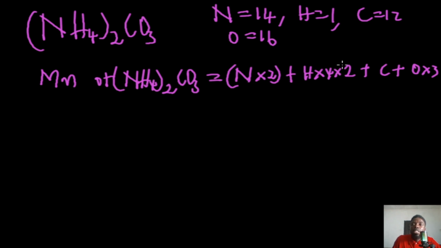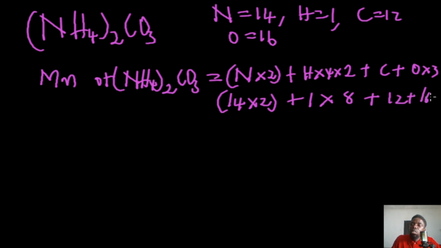With all this said, let's put in their values. So you have 14 multiplied by 2, plus 1 multiplied by 4 by 2, that's going to be 8, plus carbon, which is 12, and then 16 times 3. So if we do this, this is going to be 28 plus 8 plus 12 plus 48.